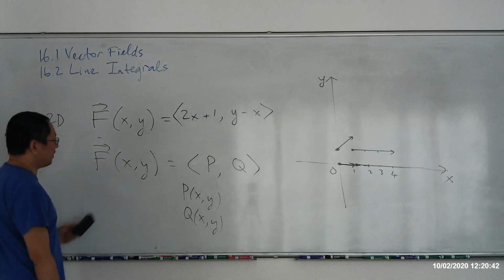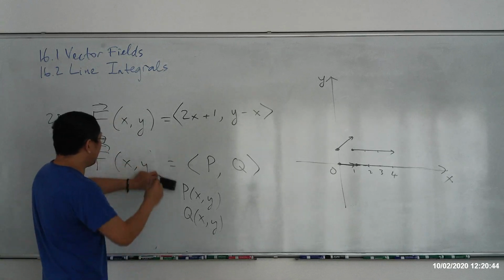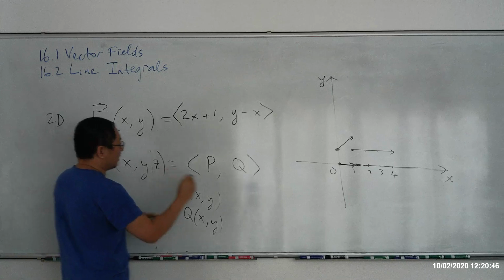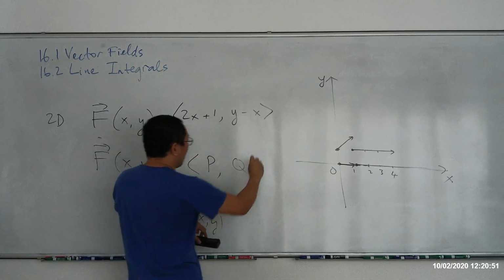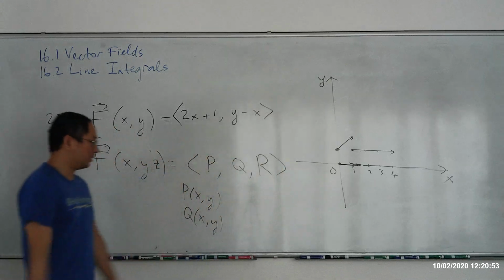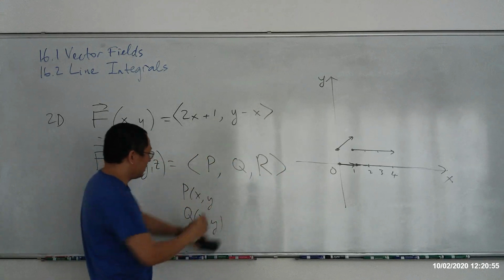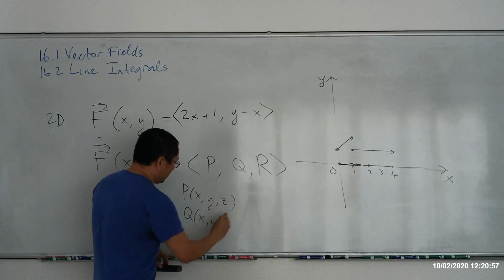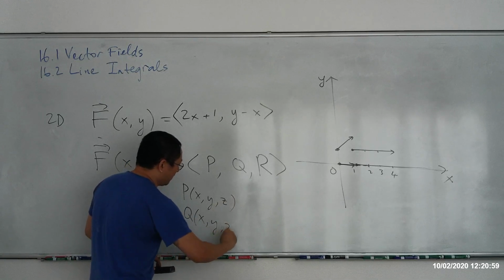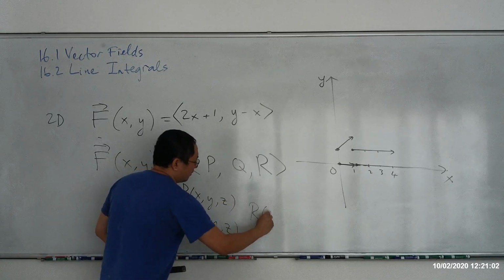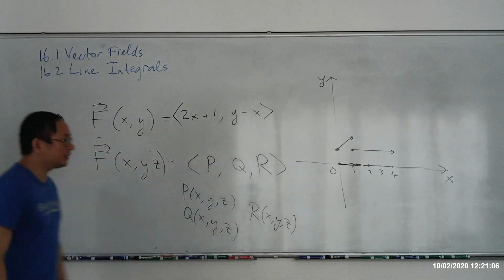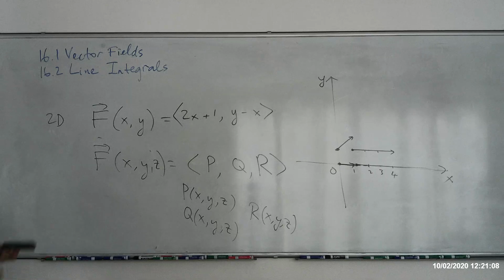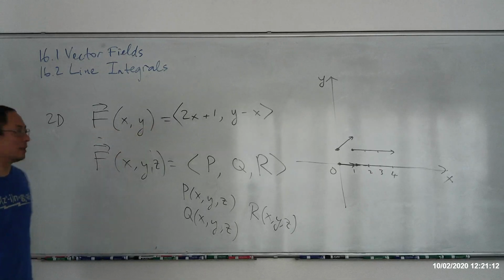And similarly, if you have 3-dimensional space, x, y, z, it's going to be P, Q, and then R. P is a function of 3 variables x, y, z, Q is a function of 3 variables x, y, z, and R of course is a function of 3 variables x, y, z as well. Okay, so we have a vector field in 3D space. This is a vector field in 2D.